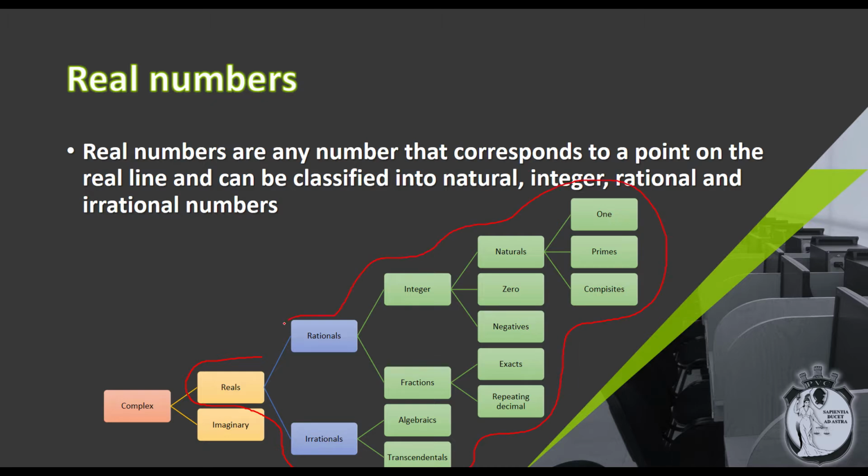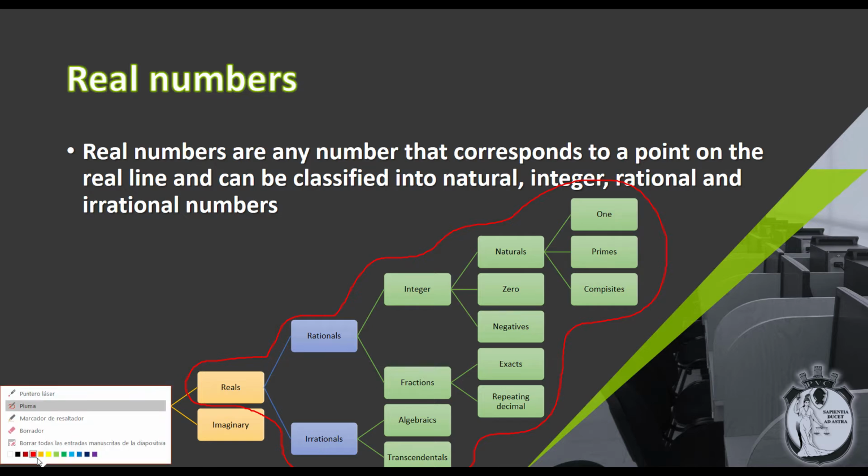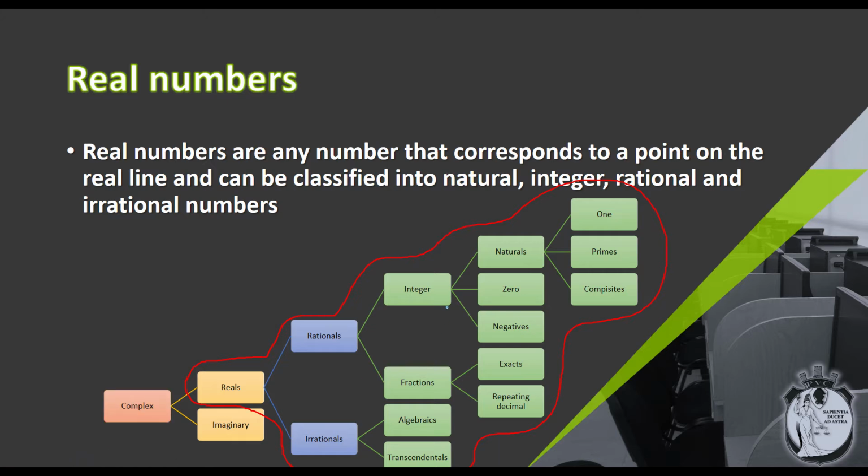This is the area that we will see, but the most important thing is that you will apply the integers, fractions for the basic operations.